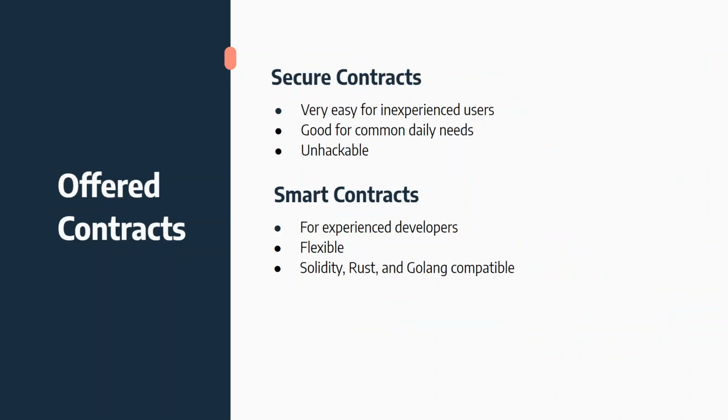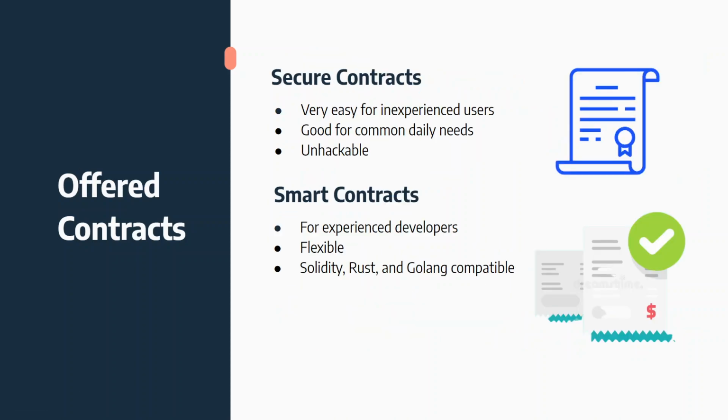Moving on, we'll be talking about the other offered contract. Not just the secure contract is offered on the Omicro blockchain, but also standard smart contracts. So for more experienced developers who can take advantage of the flexibility of a standard smart contract, Omicro still offers smart contracts and supports languages such as Solidity, Rust, and Golang, and possibly even more in the future.